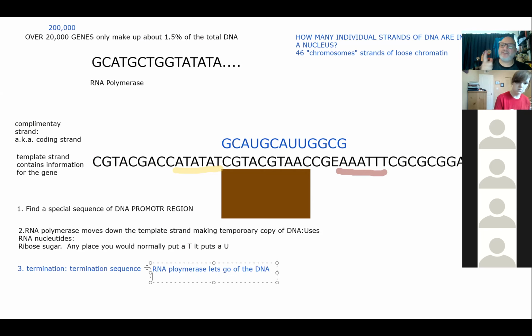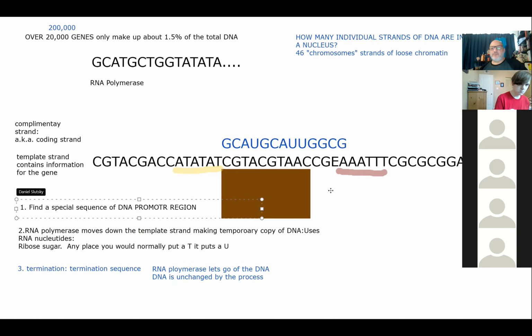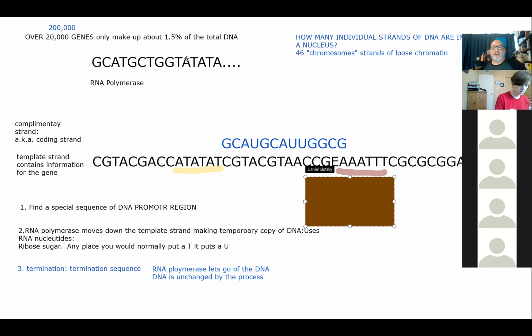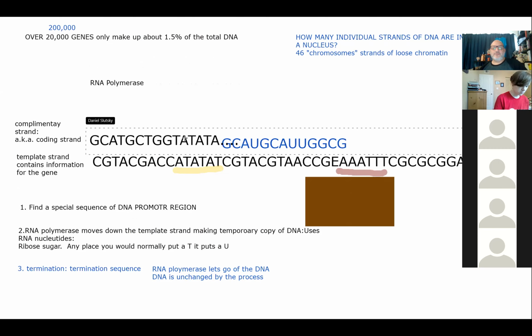And one of the keys to this process is the DNA is unchanged by the process. Unlike when we replicated the DNA, we separated the 2 strands and we made new copies to go with them. As the RNA polymerase moves down the line, our DNA comes back together.